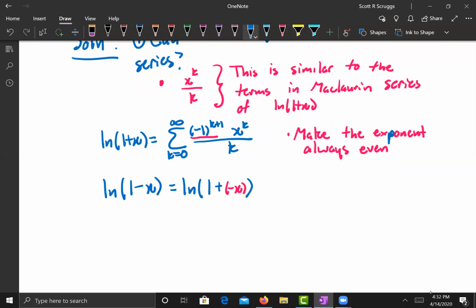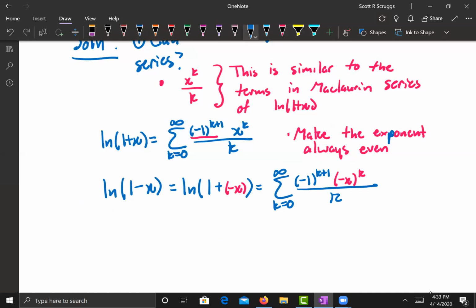So from our properties of power series, wherever I saw x originally, I'm going to replace it by the guy in pink. That gives me the sum going from k equals 0 to infinity of negative 1 to the k plus 1 power. And because I now have negative x instead of x, it's going to be negative x to the k over k.